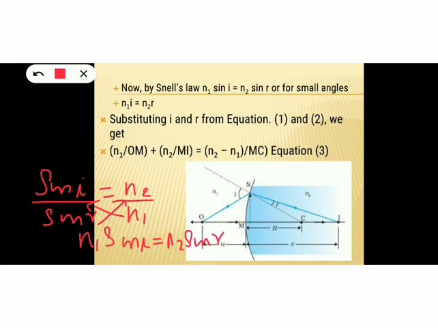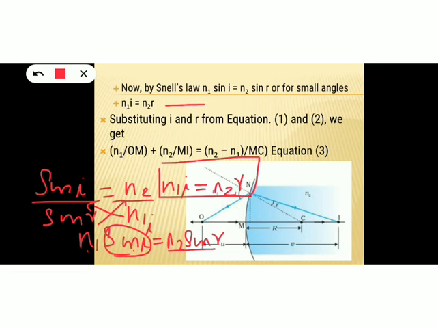And again if you apply small angle approximation, sin I is approximately equal to I. So n1 sin I can be written as n1 I, and n2 sin R can be written as n2 R after applying the small angle approximation. So that is written here.